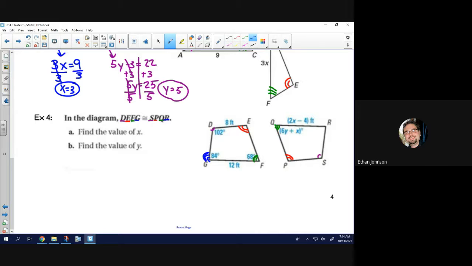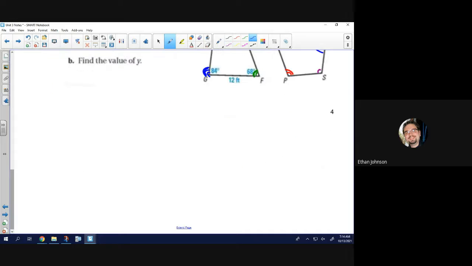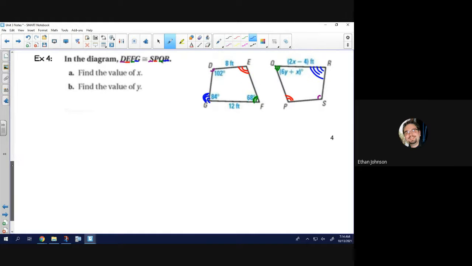Put them off to the side for that one. Okay, go ahead and pause the video. See if you can find the value of X and Y. For the value of X, X is located on a side that goes from triple arc to quadruple arc, which would match with the 12.